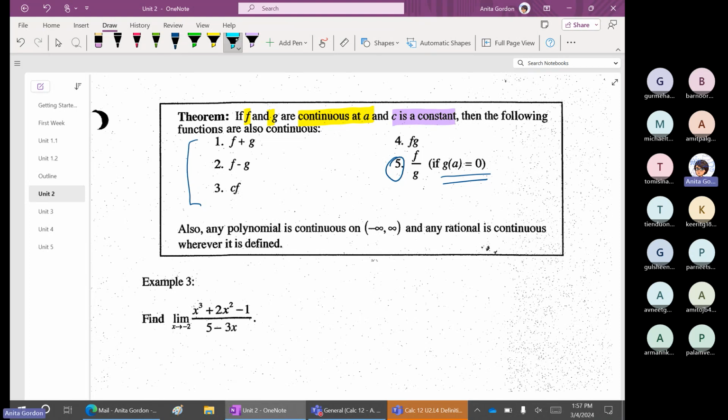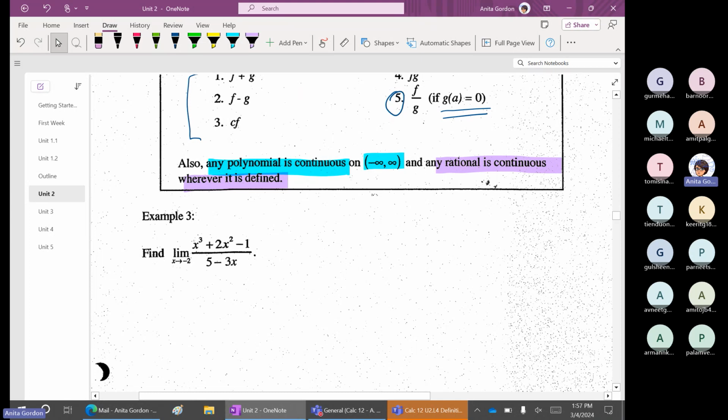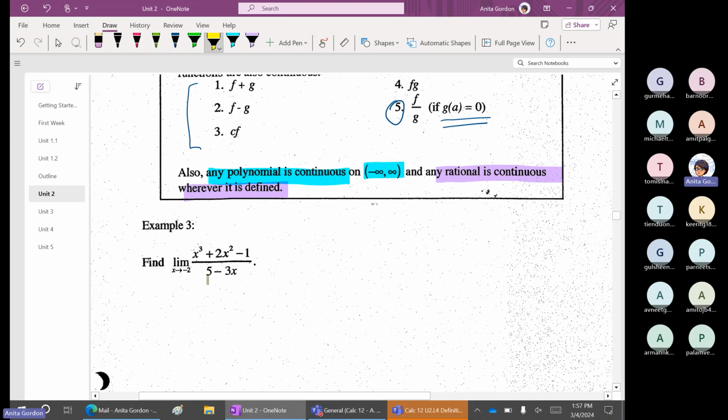Okay, another point here: any polynomial is continuous everywhere. Any rational function is continuous wherever it is defined, as long as we're not hitting the restriction, we're good. So let's take a look at the bottom here. What is my restriction?